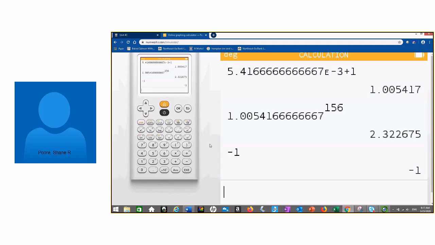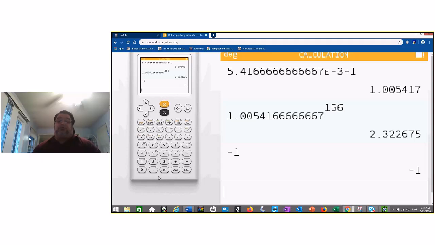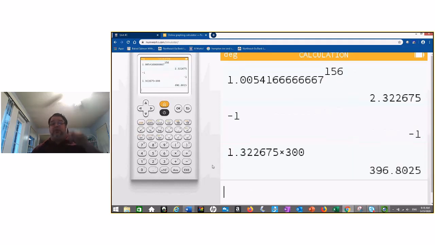That'd be 1.322675 times 300. See if this is what y'all got for your numerator. Is that what you got for your numerator? Yes. Okay, Ms. Webb got a yes. Everybody else didn't say nothing.